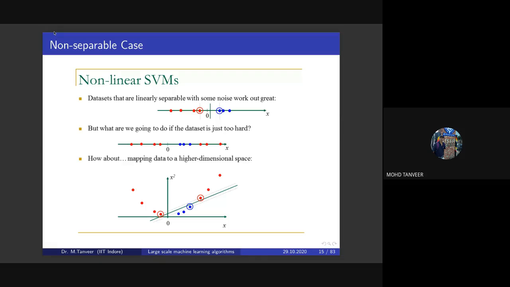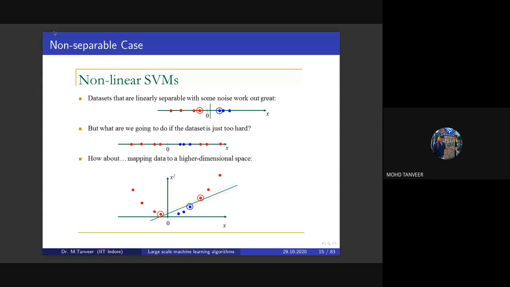I hope that you will understand the motivation or concept of SVM, moving ahead towards nonlinear, with this example. In the second example, in R, in the real line, we cannot draw any line that classifies red and blue dots.